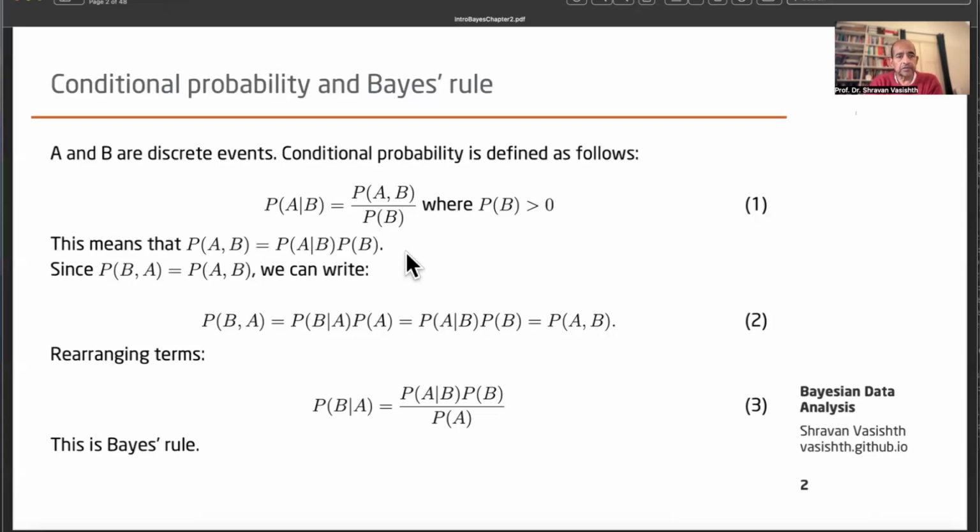And so we can equate the probability of A and B to the probability of B and A. They're of course the same thing, obviously, right?